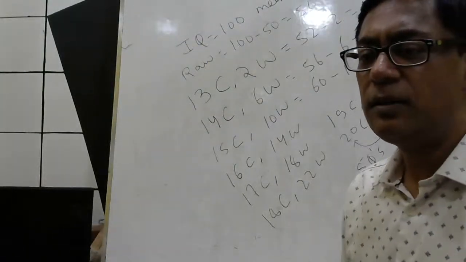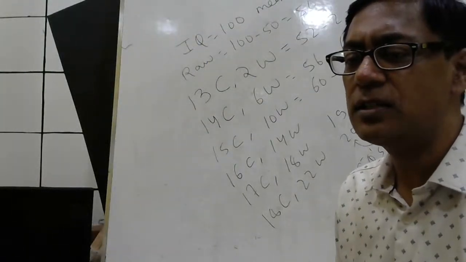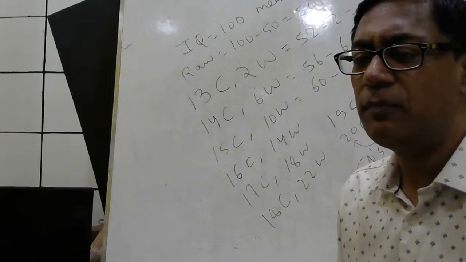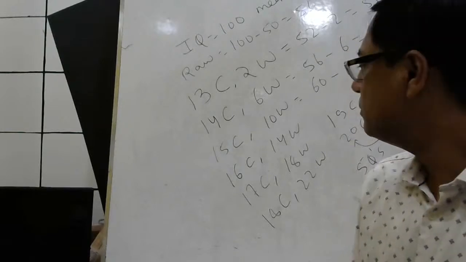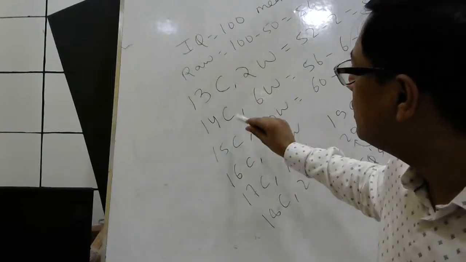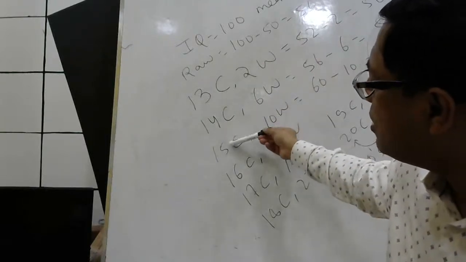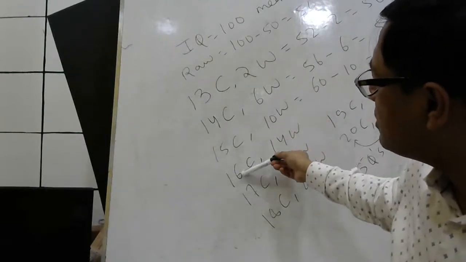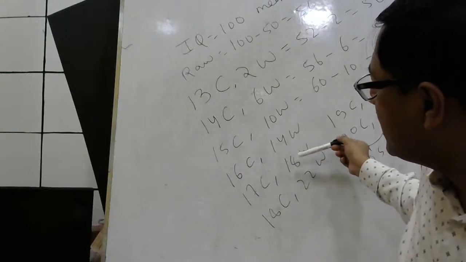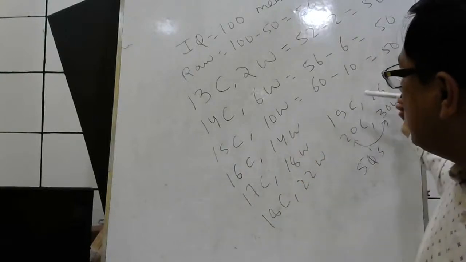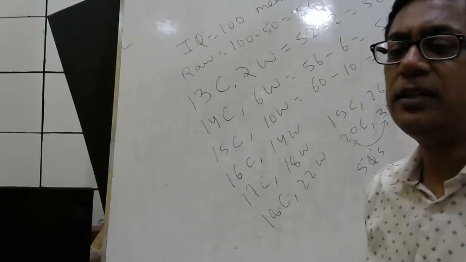In fact, a lot of you have got the answer of 8, which is correct. Because 13 correct, 2 wrong; 14 correct, 6 wrong; 15 correct, 10 wrong; 16 correct, 14 wrong; 17, 18; 18, 22; 19, 26; and 20 and 30.